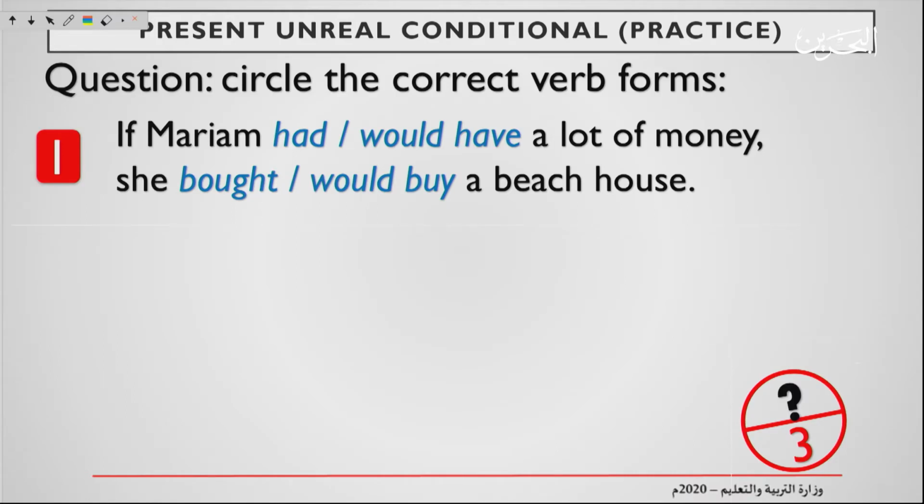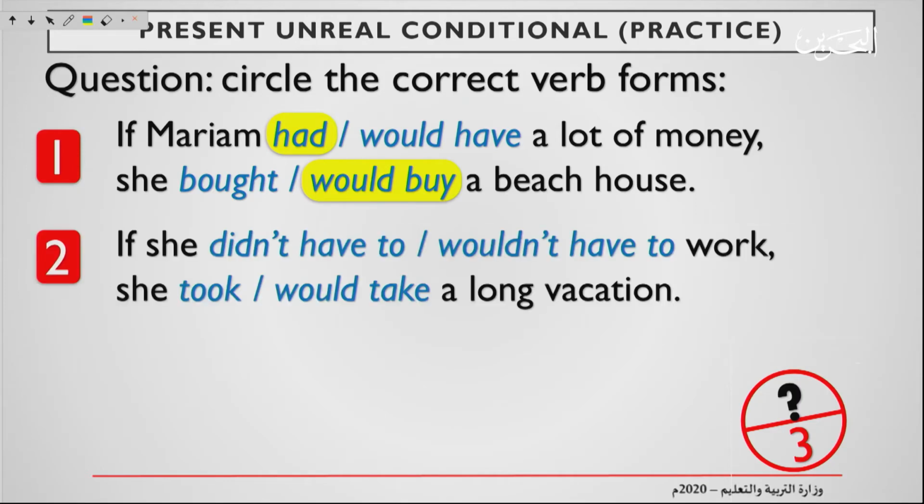Okay, let's check the answer. So the first one is had. If Maryam had a lot of money. And the second one is she would buy a beach house. You start with the present, the past simple, and then would plus infinitive without to.